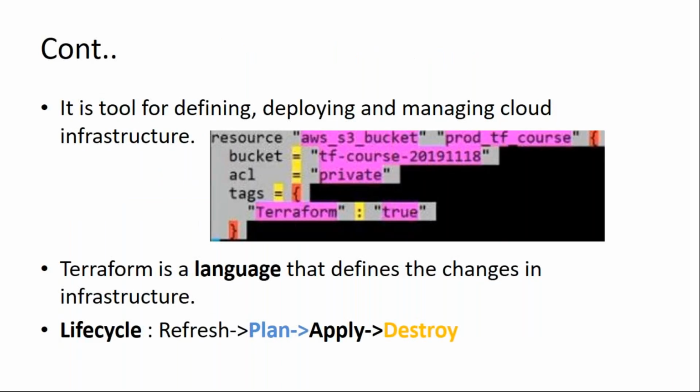So when you are going to use Terraform, it has tools, and you are going to tell it which resources you are going to use. When you are managing cloud infrastructure like AWS, or if you are working on Azure, you have storage components. AWS has the S3 bucket as a storage resource.